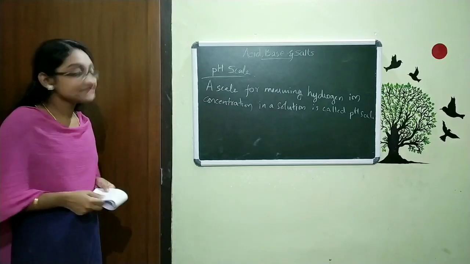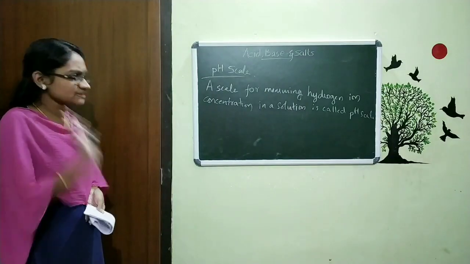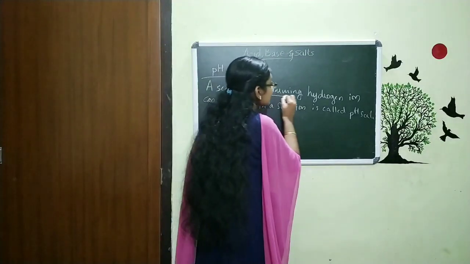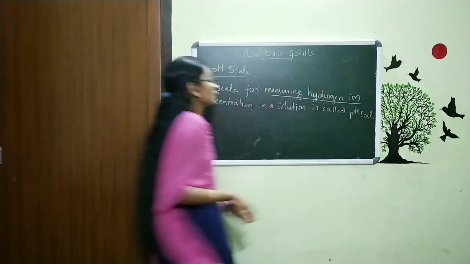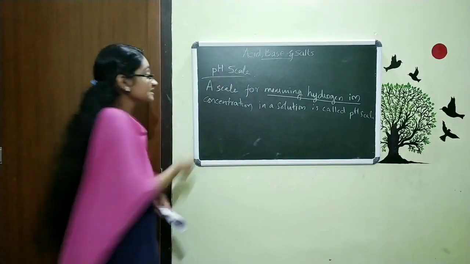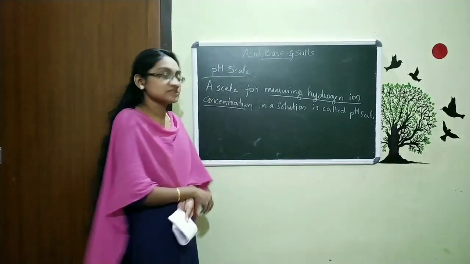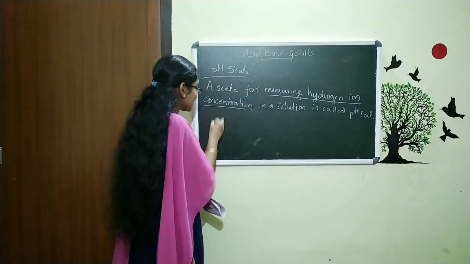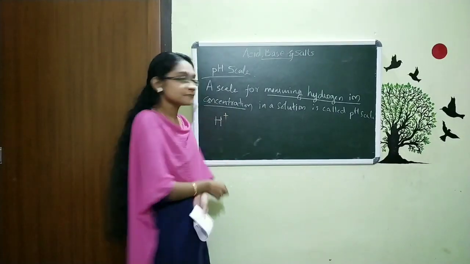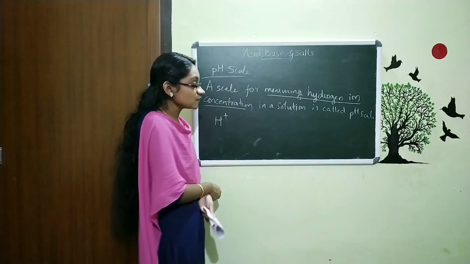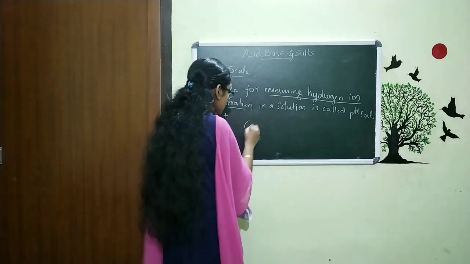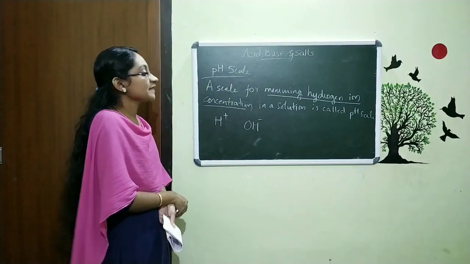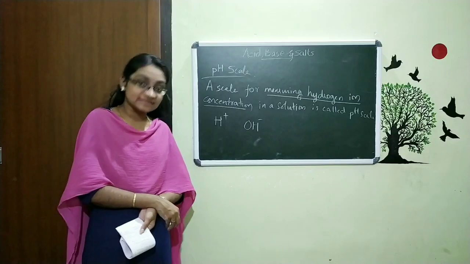So this pH scale is a type of scale. What is the scale doing? It is for measuring the hydrogen ion concentration in a solution. We already said that an acid has H plus ions present, and a base has OH minus present.